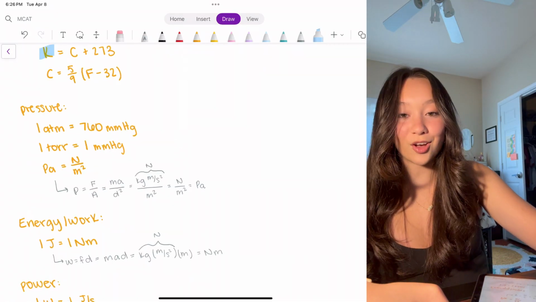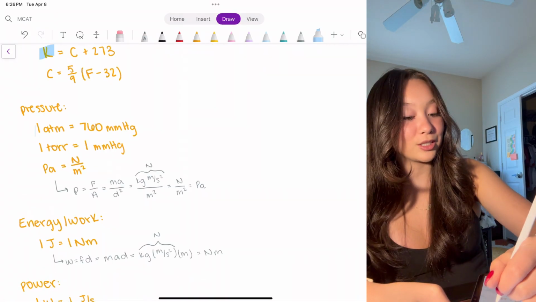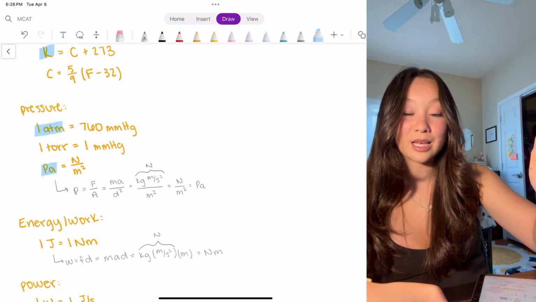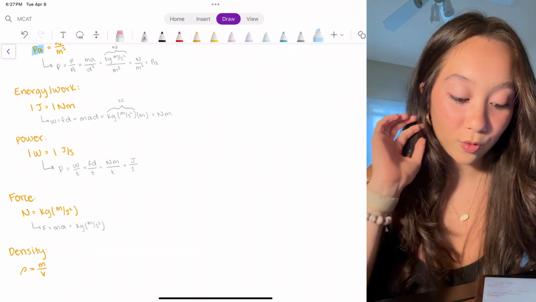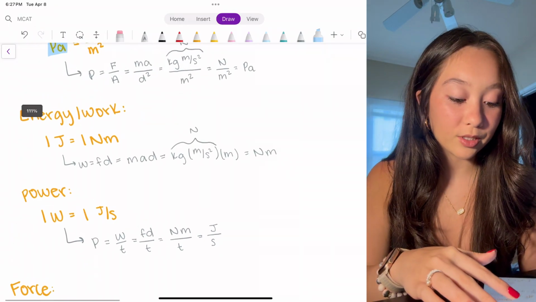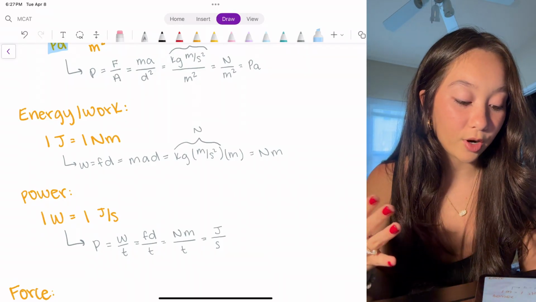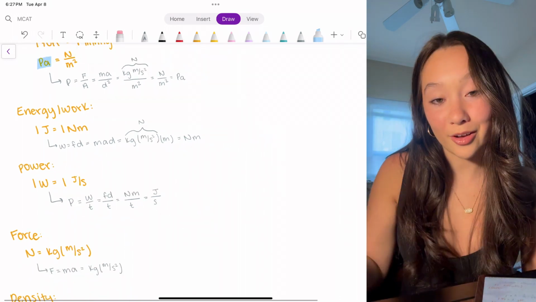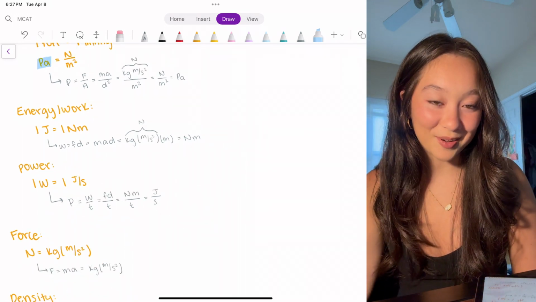Pressure depends on the units of the constants, but it's usually either 1 atm or pascals for chemistry and physics. Energy, work, power, force, all of those are derived from SI units. As we saw, joules, we derived that from newtons and meters, which are SI units. So if it's derived from SI units, it is an SI unit.